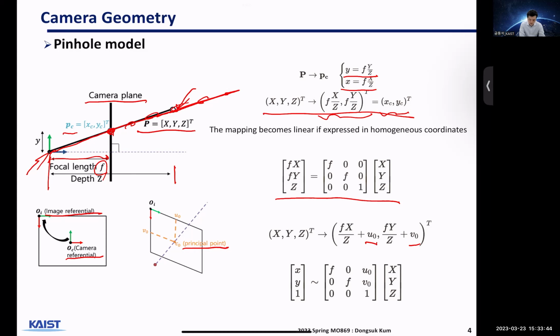Originally, the initial value was at the center, then we need to move that to the image origin, which is the image referential. So we need to add these two values to convert capital XYZ to map that onto small xy on the image plane.